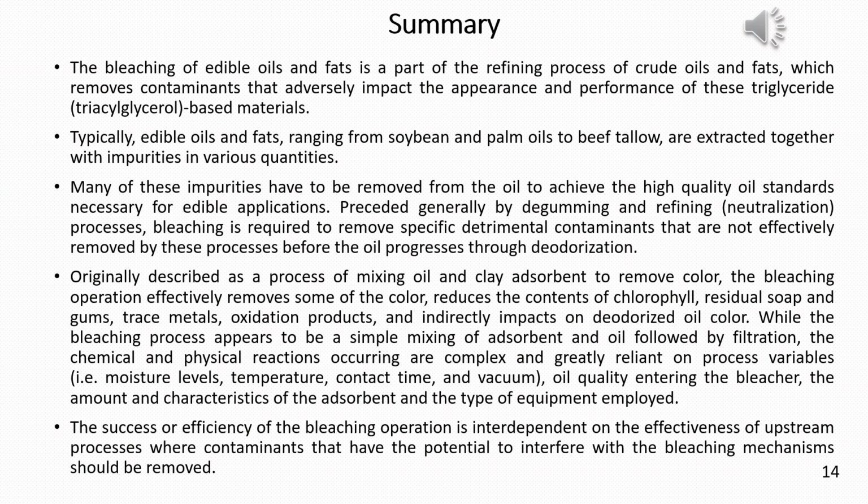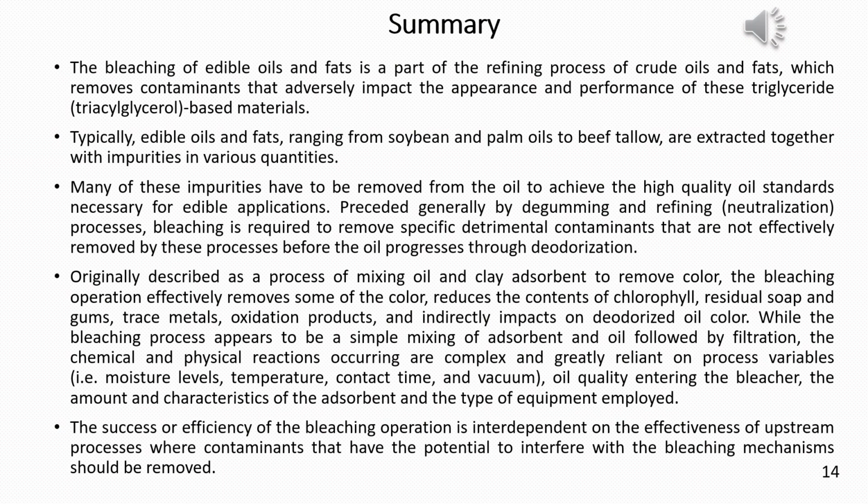In the fourth point, you can see bleaching is described as a process of mixing oil and clay absorbent to remove color. The bleaching operation effectively removes some of the color, reduces the contents of chlorophyll, residual soap and gums, trace metals, and oxidation products, and indirectly impacts deodorized oil color.